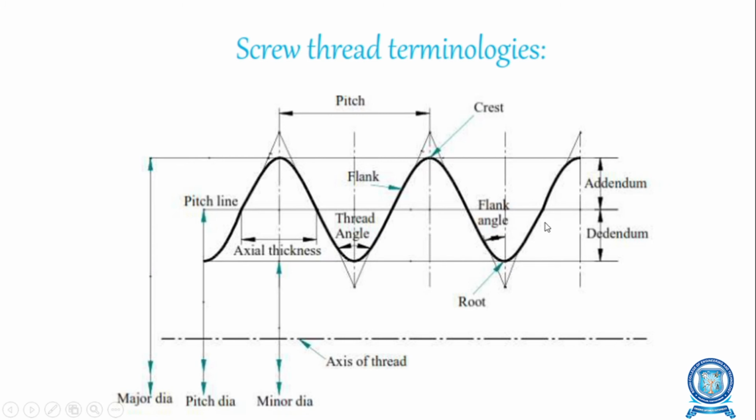It is equal to half the angle of the thread. The inclination between the half of the root to the flank is called the flank angle.